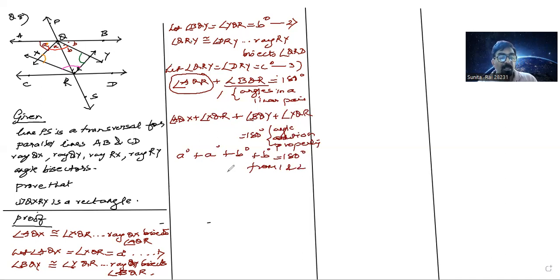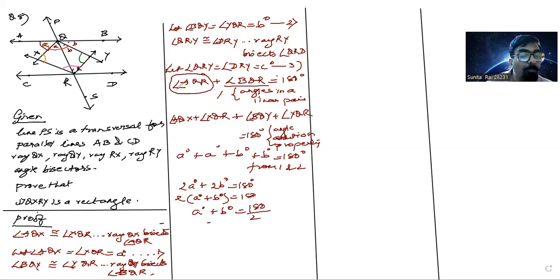Now when I simplify, 2A degrees plus 2B degrees is equal to 180 degrees. Two is common, children, so A degrees plus B degrees equals 180 upon 2. 180 upon 2 is 90.